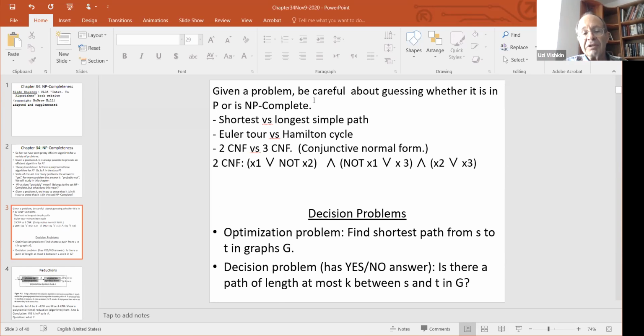Okay, so the point of listing these 3 problems is to give you a sense of how subtle and sophisticated this is, and it requires you to learn very carefully this concept of NP complete, because you will get problems that sound almost the same.